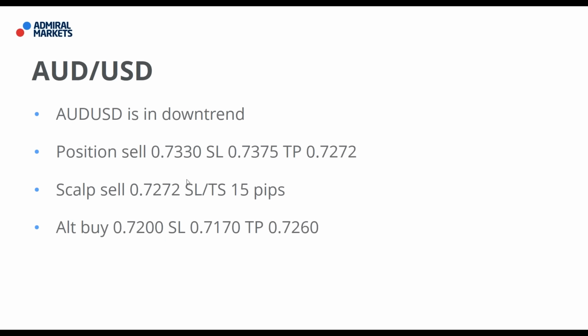Australian dollar, 73.30 sell, 73.75 stops, 72.72 TP, scalp sell 72.72, stop loss or trailing stop 15 pips. Alternative buy 0.72000, 0.7170, 0.7260. So this should be the position for Australian dollar. The thing is, guys, that Australian dollar is now in some sort of downtrend.